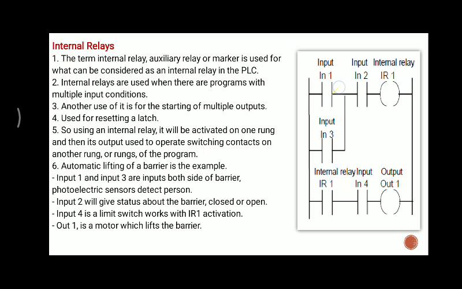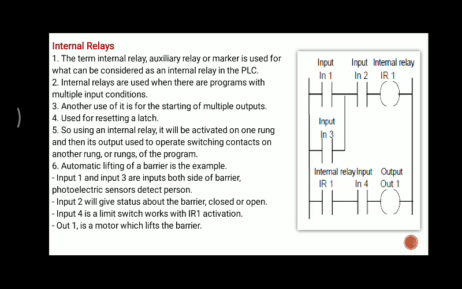So these two inputs will be taken into the rung, and this internal relay goes on energizing, or activating. This internal relay we will use in another rung, as I already told you about the use of the internal relay. So in this rung, IR1 is activated with the help of input 1 and input 2. Now let's check what this input 4 is. This input 4 again checks whether the barrier is closed or open.